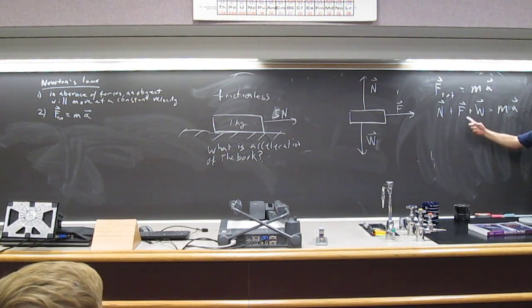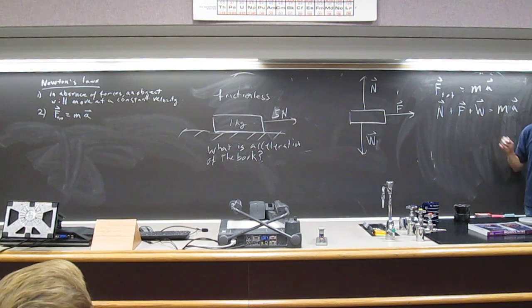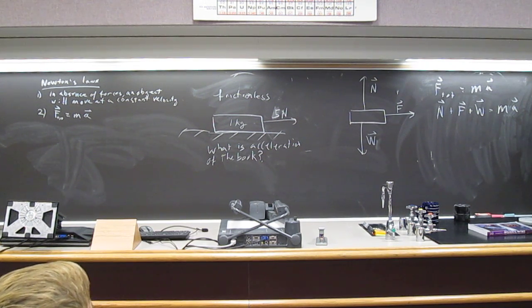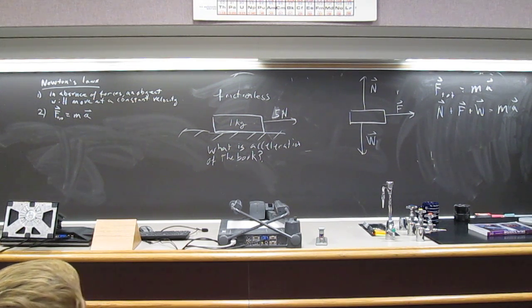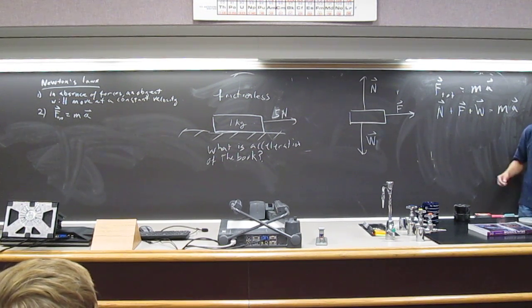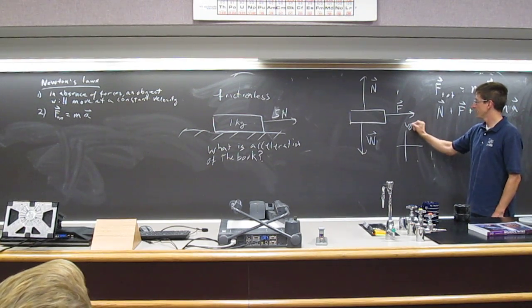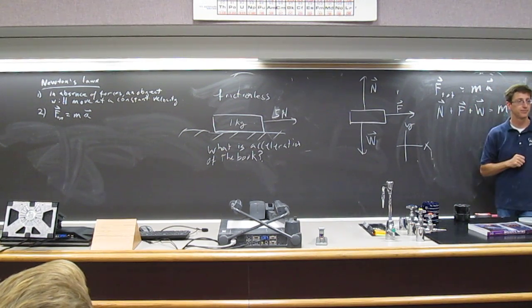All right, so we have all this. How do we add up forces? Remember, we have to split them up into components, right? We have to introduce a coordinate system and split them up into components. So let's introduce a coordinate system. I'm going to do y upwards, x like that.